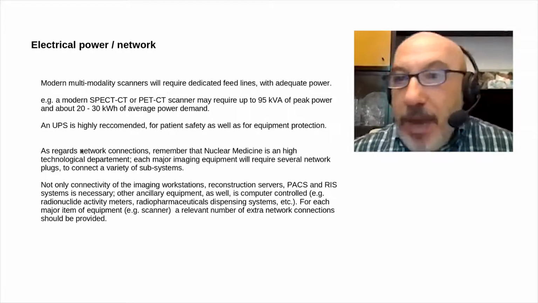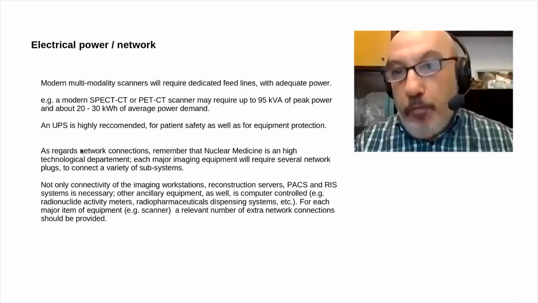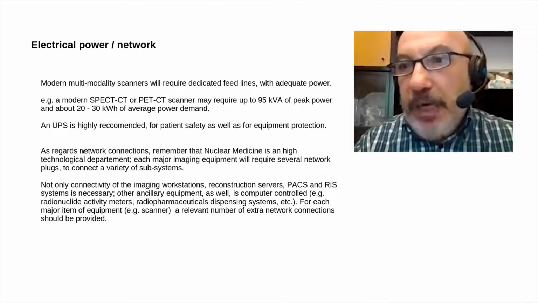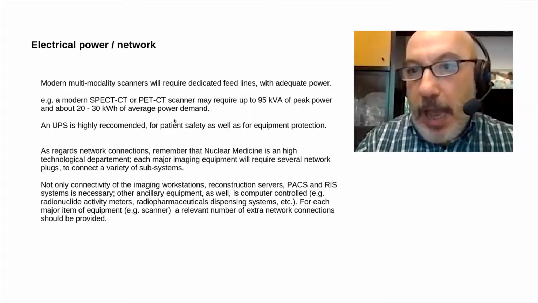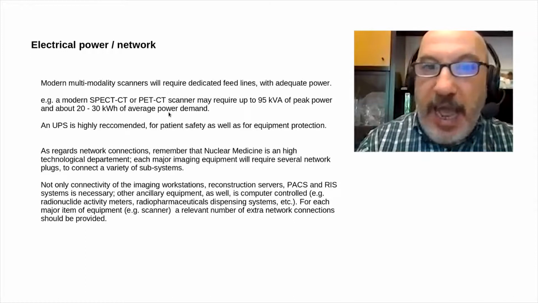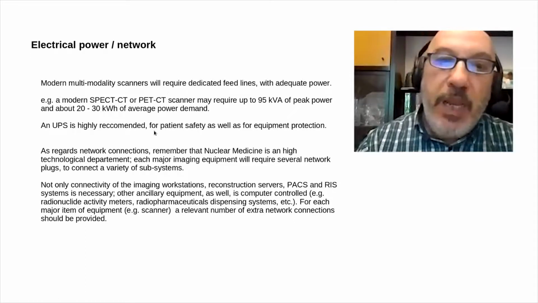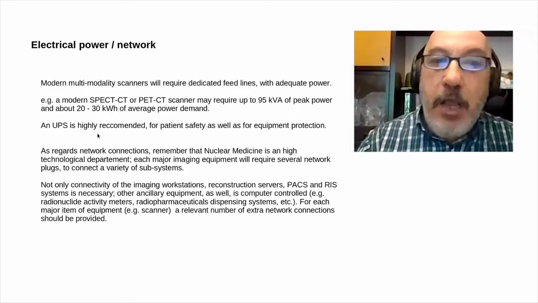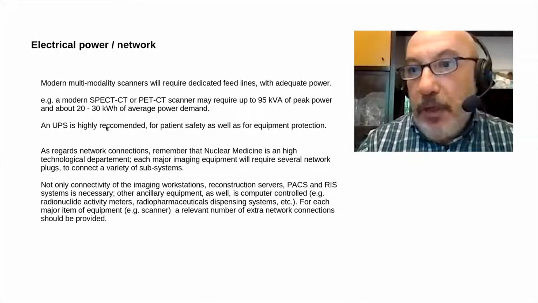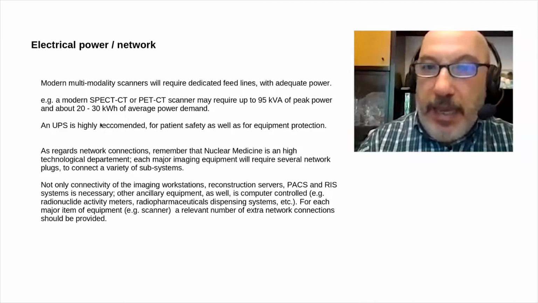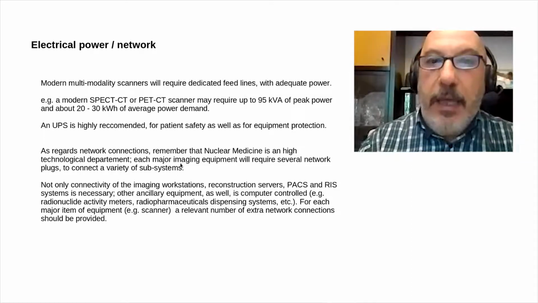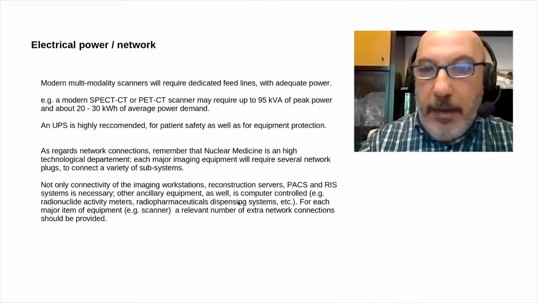UPS is highly recommended, not to support long-time operation of the scanner in case of blackout, but at least to absorb very short blackouts, discontinuity in the mains, or to allow the staff to properly turn off the equipment, avoiding any shock due to the quick discontinuity in the power.